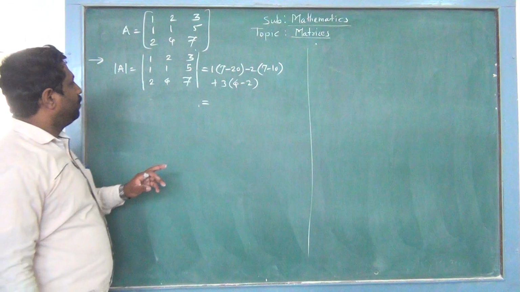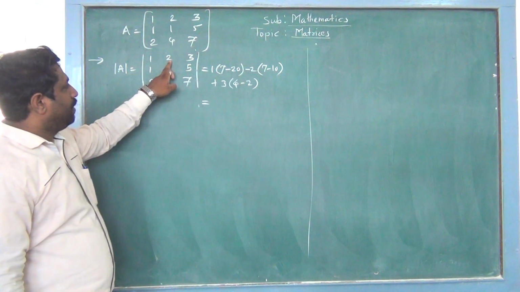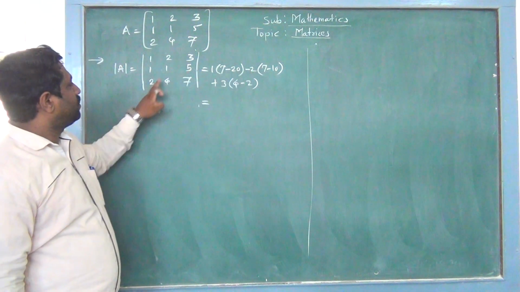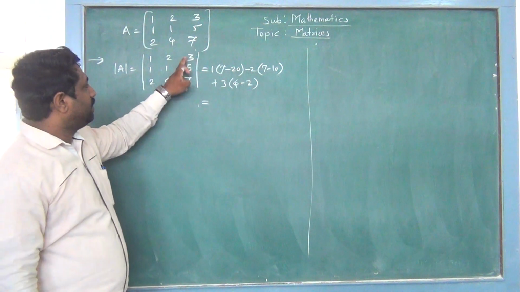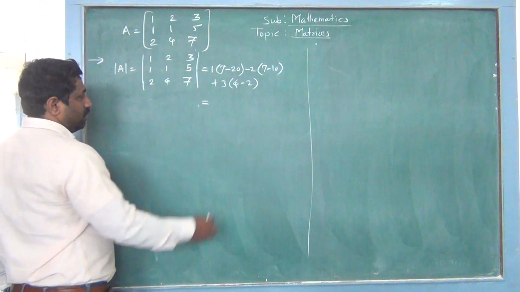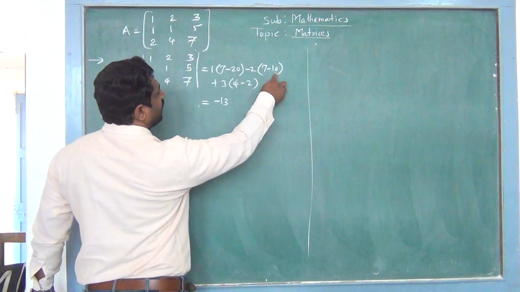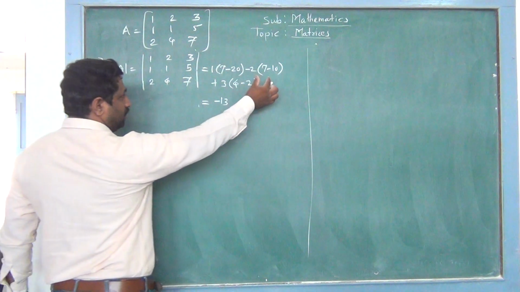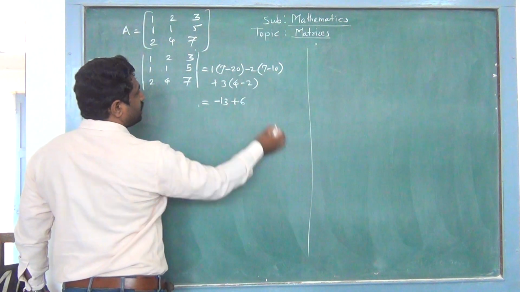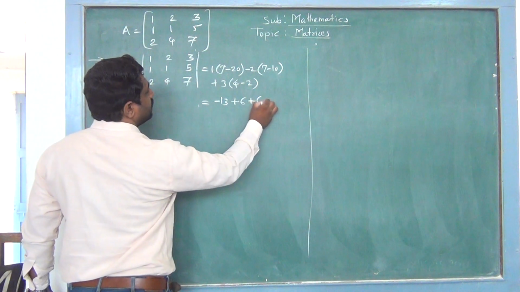So 7 minus 20 is minus 13. 7 minus 10 is minus 3, and minus 2 into minus 3 is plus 6. 4 minus 2 is 2, and 2 into 3 is 6.